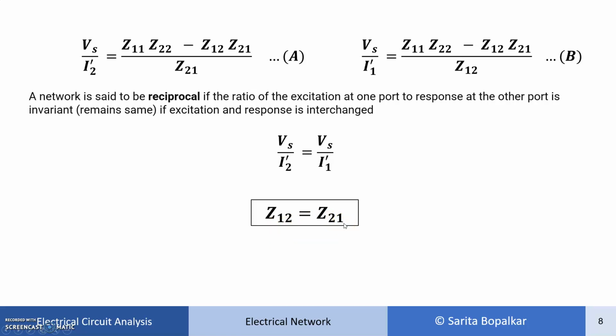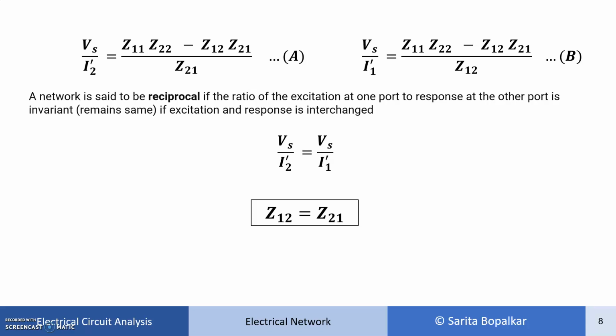In this case, a question can be like this: for any given two-port network, find the Z parameters and check whether the network is reciprocal or not. In that case, what you have to do is find the Z parameters. How to find the Z parameters, we have explained in another video. Then check whether Z12 is equal to Z21 or not.